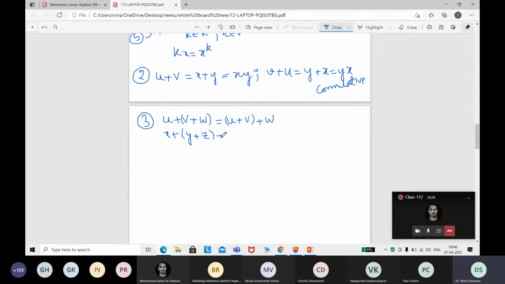This is equal to x plus y plus z. So this belongs to v. And addition of reals is again real, so definitely it will belong to the real numbers.